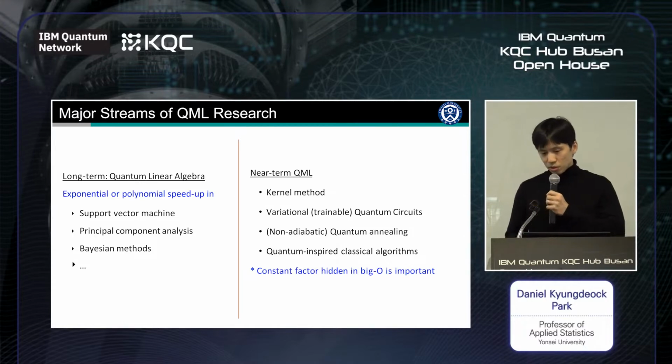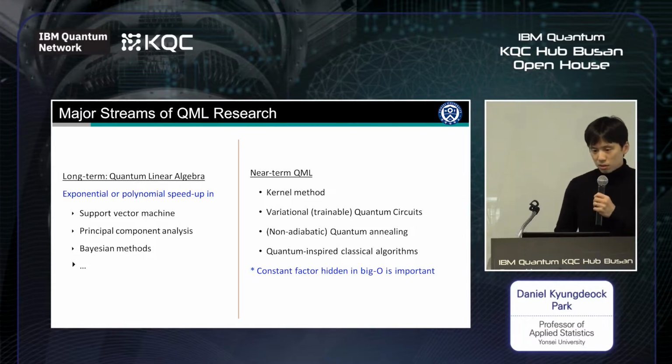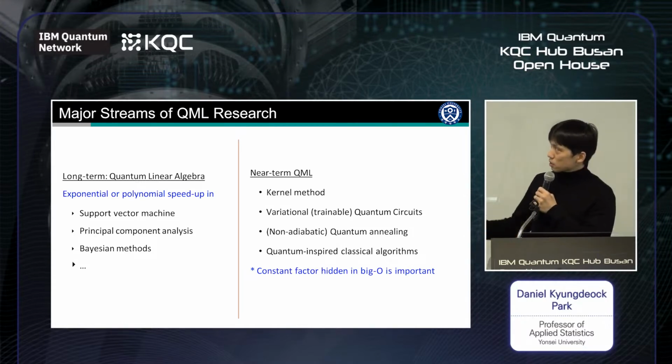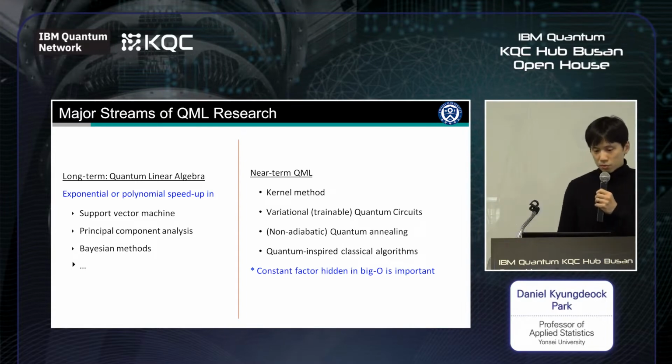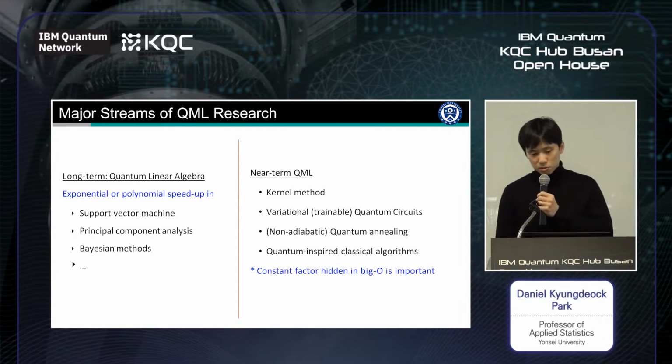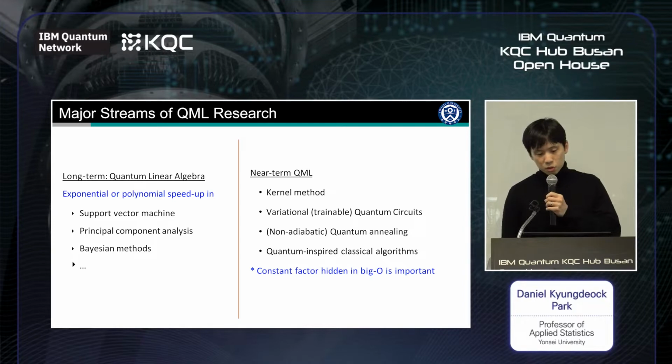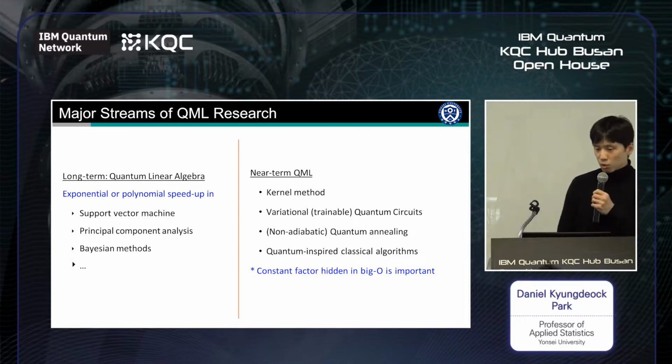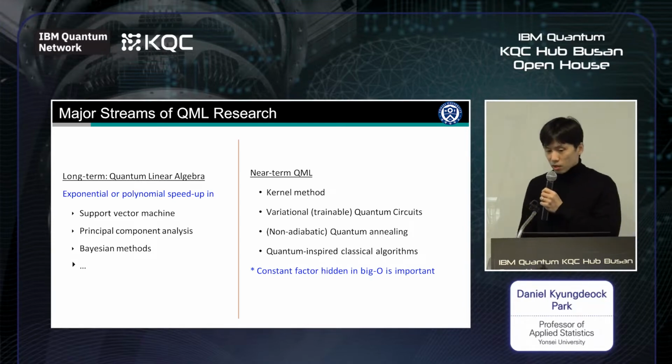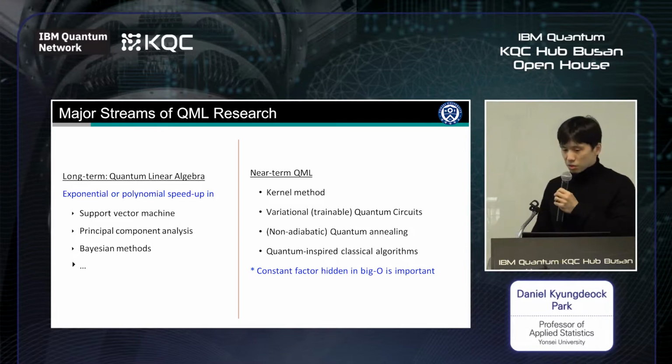Then we need to consider: if we cannot use this wonderful algorithm for quantum machine learning in the near future, what can we do in the near term? People have worked quite hard on this topic, and there are a number of candidates.